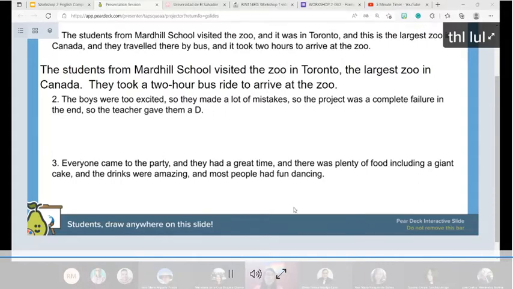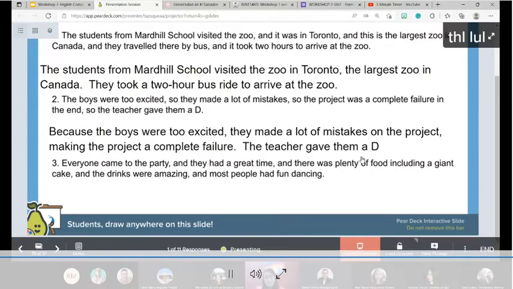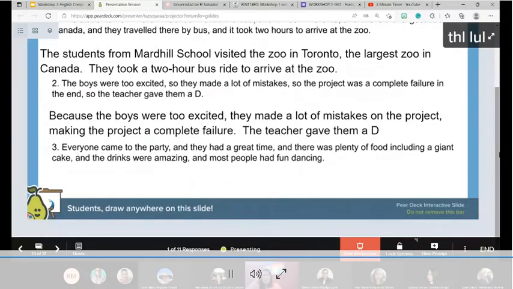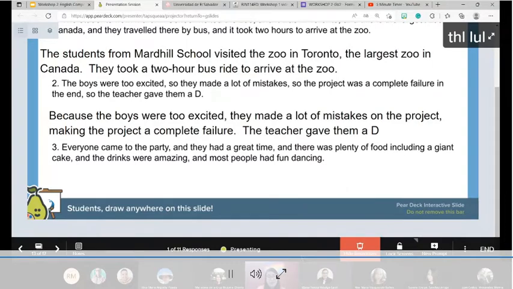And the last one, everyone came to the party. So everyone came to the party and they have a great time. And there was plenty of food, including a giant cake, and the drinks that were amazing.